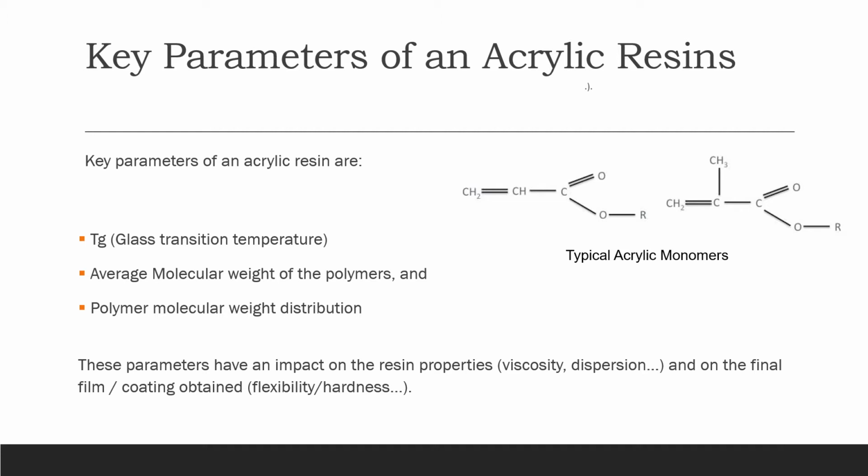Mostly molecular weight and weight distribution will impact the viscosity and dispersion. Then the final film and coating obtained, like flexibility and hardness, depend on the Tg, the glass transition temperature of the resin. Then there are some typical acrylic monomers, like methacrylate and others.